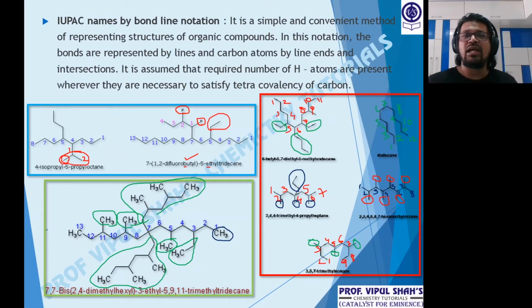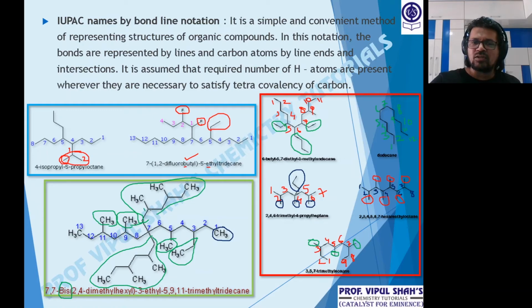But suppose I had 2 tert-butyl groups attached on the same position, then I can write the word bis. So whenever you have 2 identical branched groups attached on the same carbon, in nomenclature you will use the word bis. That's why it says 7, 7, because both are the same. If you observe, both have the same identical branches.